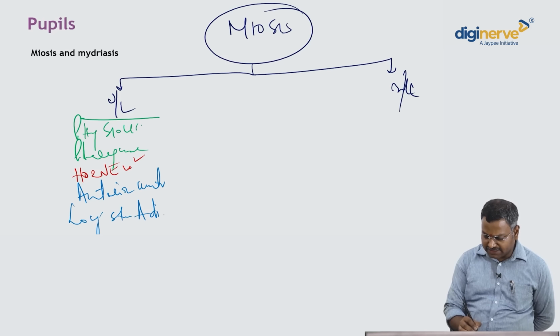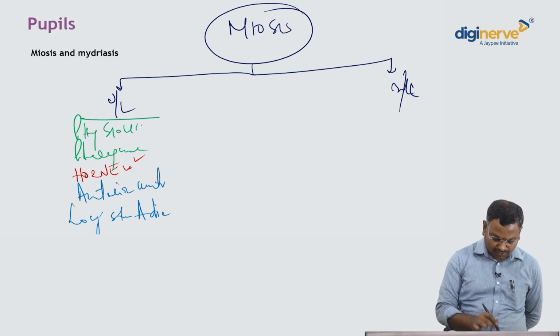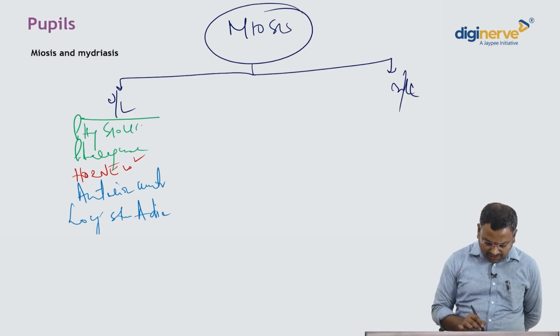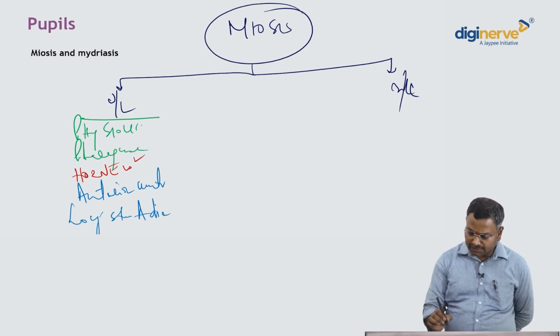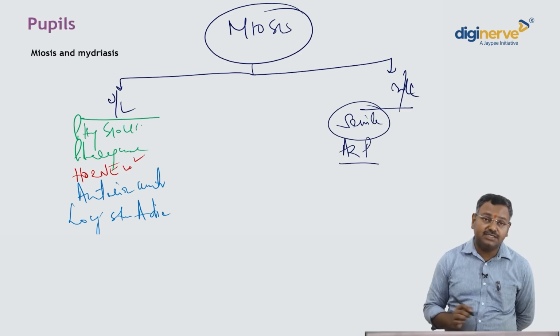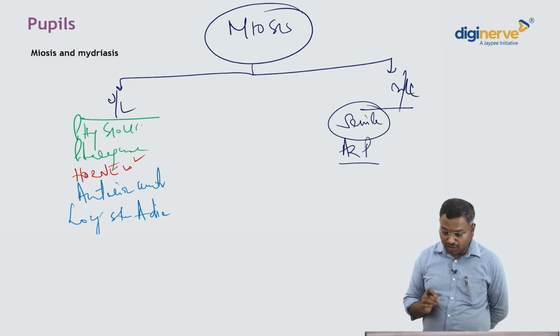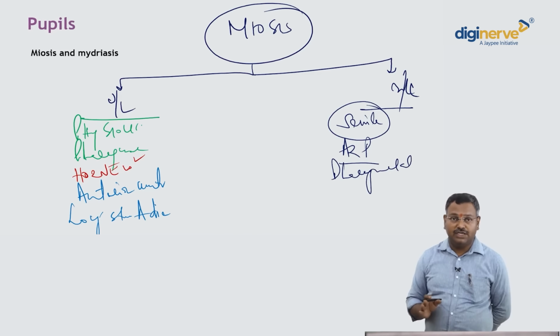Remember, Adie's is always a dilated pupil. A long standing Adie's tonic pupil can be small. Coming on to the causes where you have a bilateral miotic pupil, senile, very important. As you age, you can get the senile pupil. Argyll-Robertson pupil that you see in syphilis is a bilateral small pupil. Drugs, that is pharmacological, miotics which you use in the treatment of glaucoma.